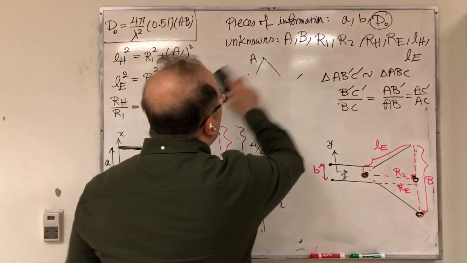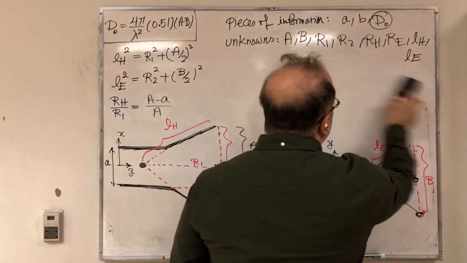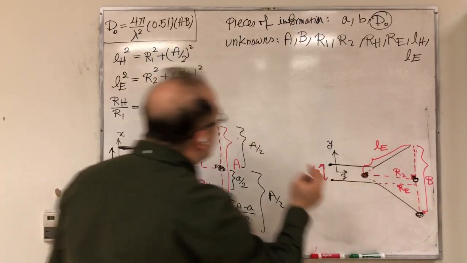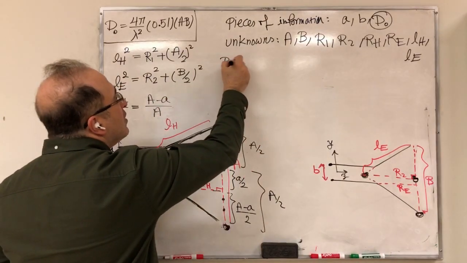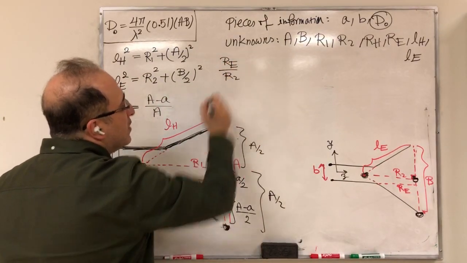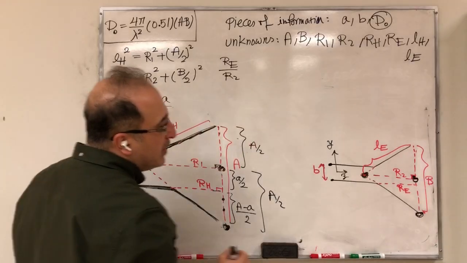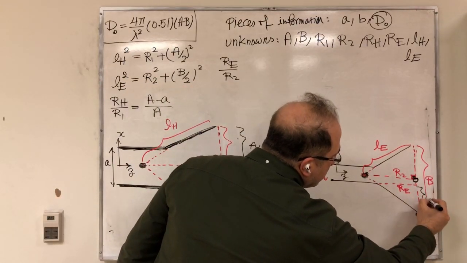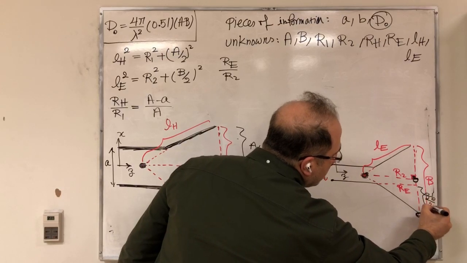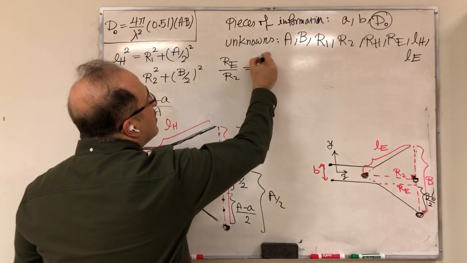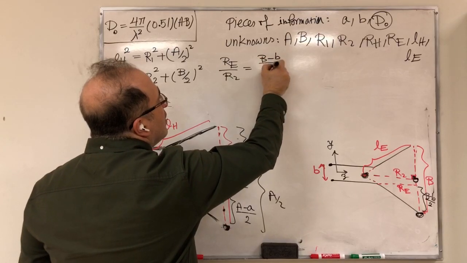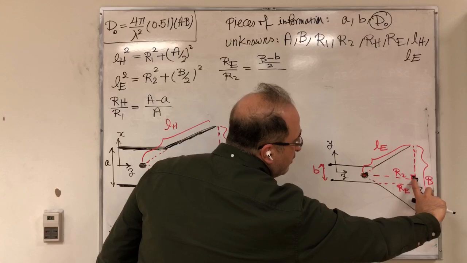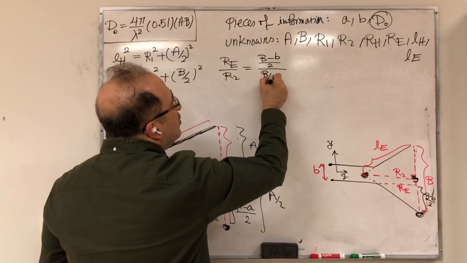And now you can go to this triangle here and have the same situation. You would say RE divided by R2 is going to be equal to, this is B minus a small b divided by 2, divided by the whole thing here, which is b divided by 2.